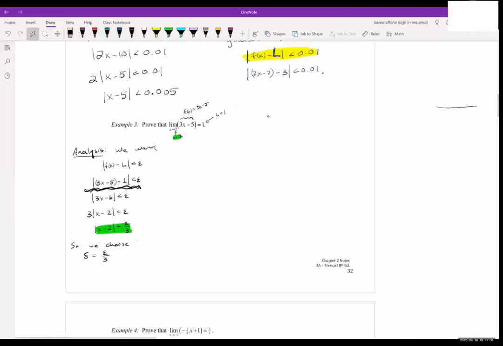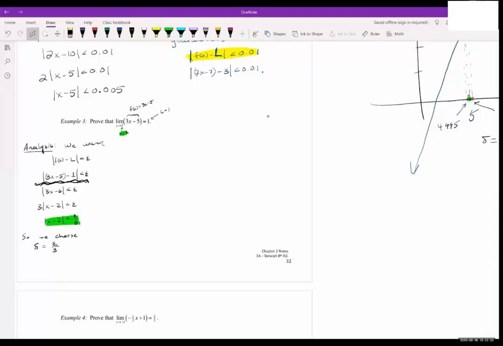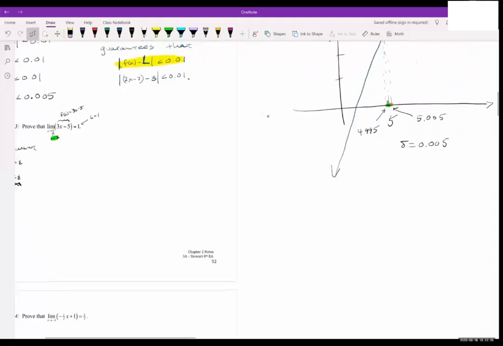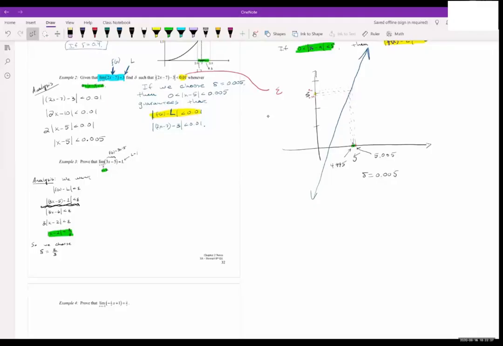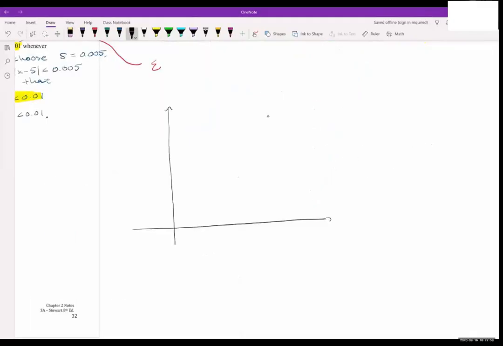And even though I don't need to do this picture to do this problem, I'm going to show you pictorially what this is. It's actually very similar to the others, of course, but let's go ahead and look at it real quick. So this time we have our limit at 1, so I'm just going to put a 1 there and a 2 there. Okay, and we've got 3x - 5, so let's put a 1 here and a 2 there, just so it doesn't get too crazy.